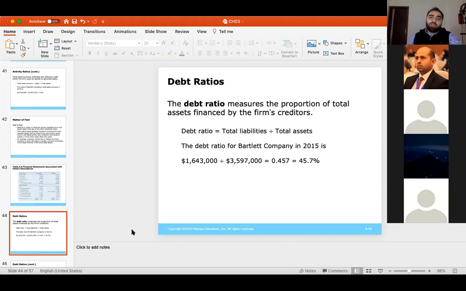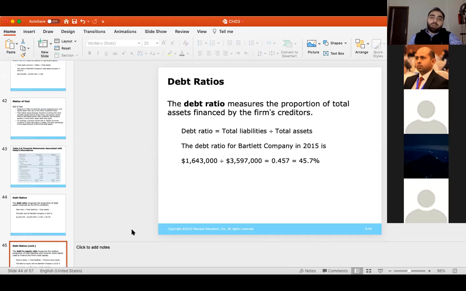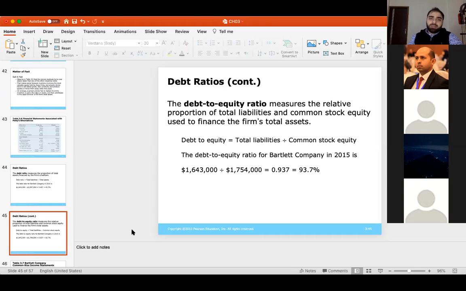If we find the debt ratio, which is total liabilities over total assets, is a high ratio, in that case we can say that there is a danger around the performance of our company.